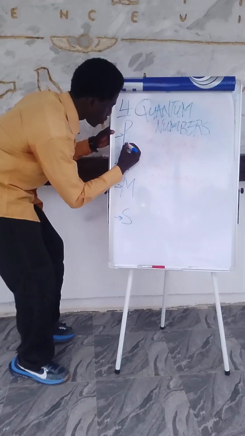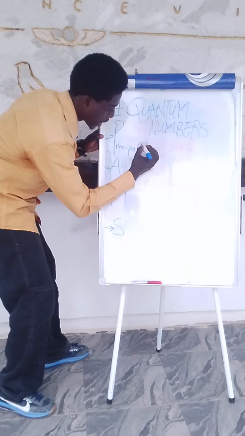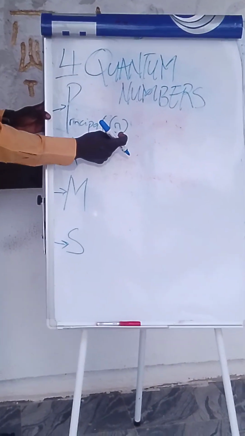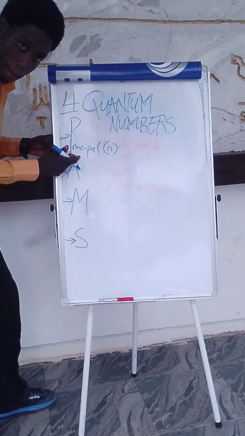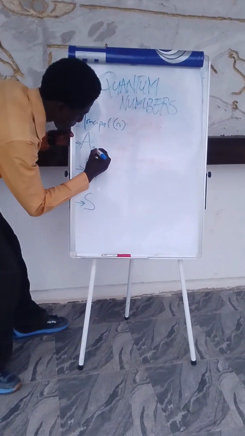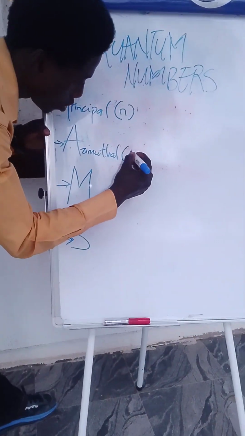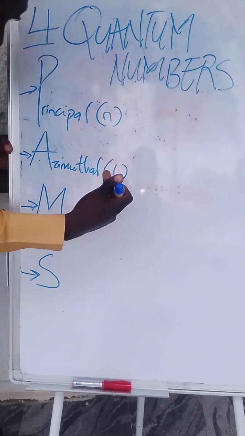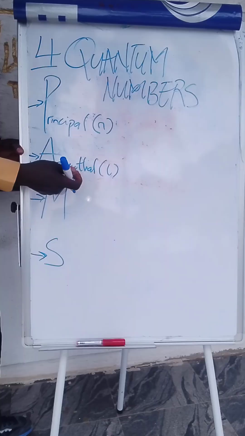P here is the principal, which is given by N. This is the letter we use to denote principal. Now, the azimuthal quantum number is given by L. This is the letter we use to represent azimuthal.